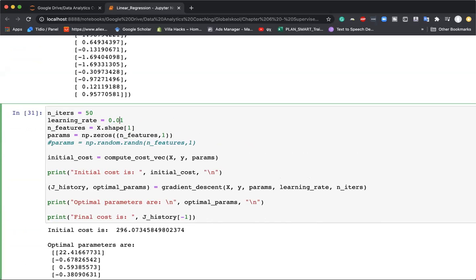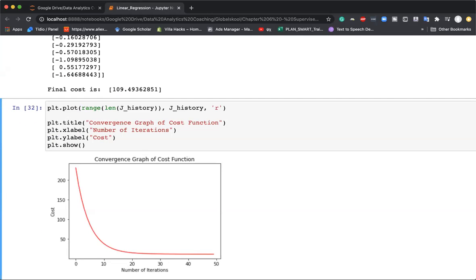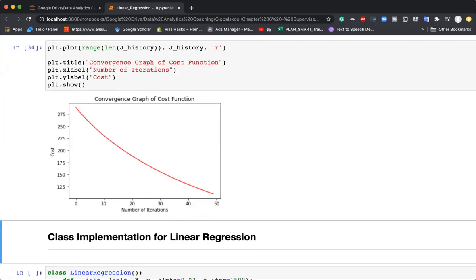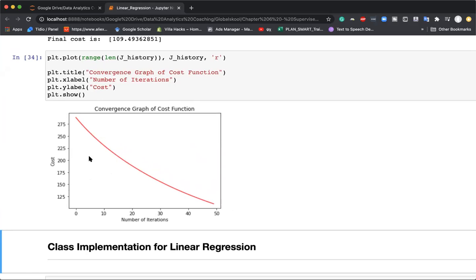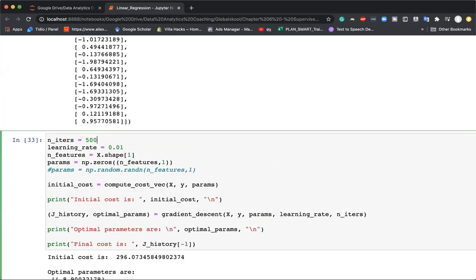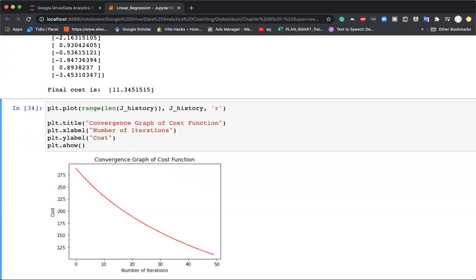So let me take 0.01, and we can see that we have reached only 109. And if I go here, I can see that our cost is reducing, but it has not reduced so far. Even after 50 iterations, we have not got to our answer. So we need to increase the number of iterations. Let us increase the number of iterations, let's say 500. Let's try.